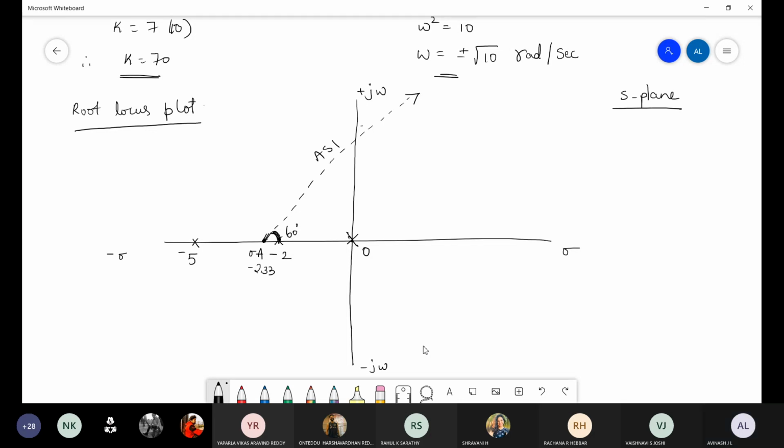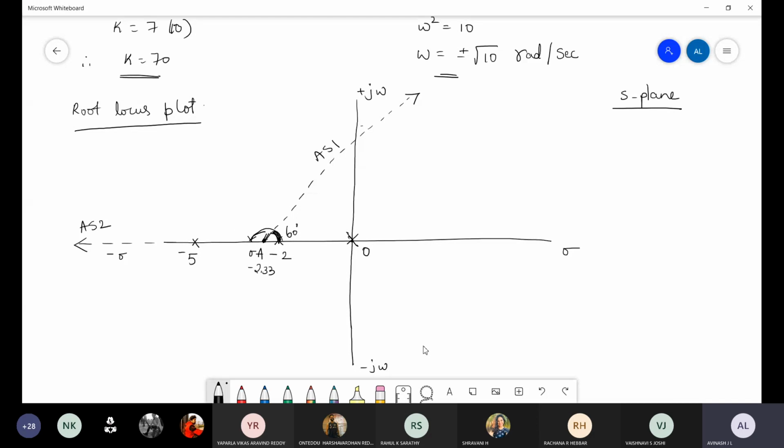The second asymptote is 180 degrees. 180 degrees means exactly on the line itself. So this is asymptote 2, AS2, and its angle is 180 degrees.